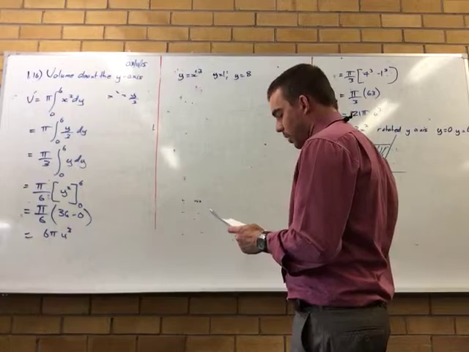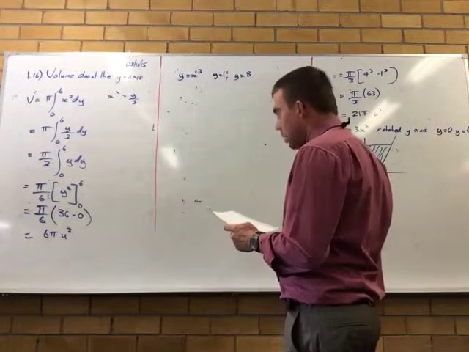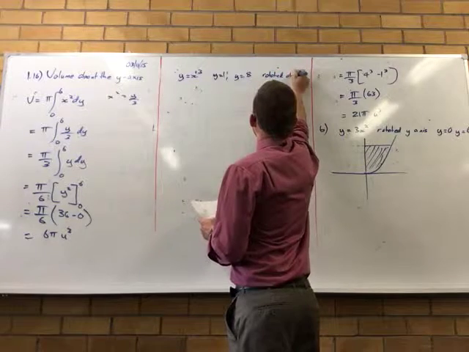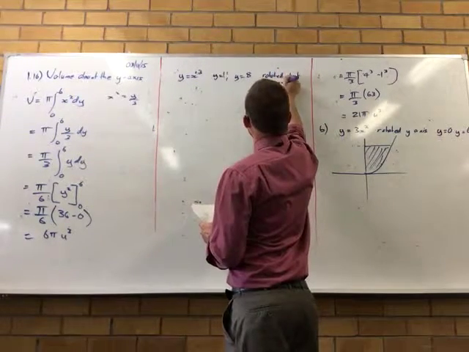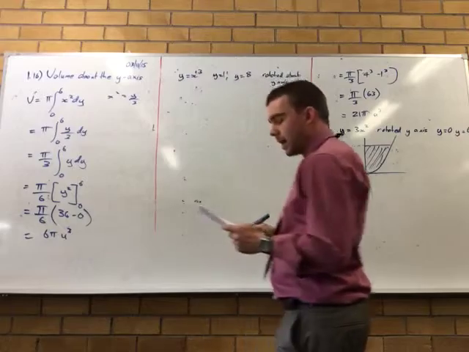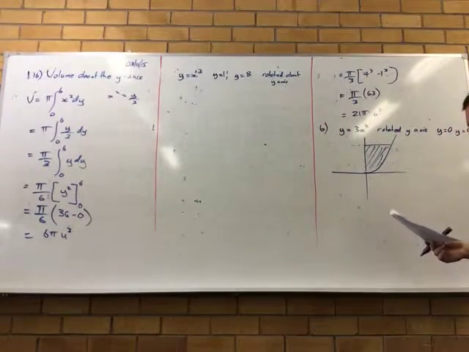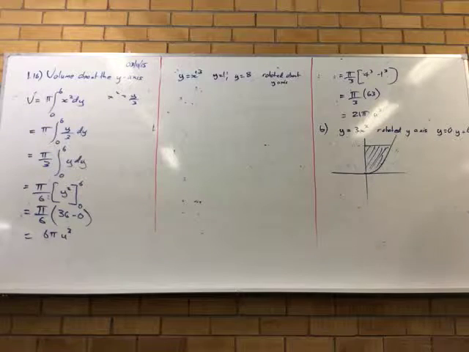Rotating the area bounded by that. We need to find the volume of the glass. What would the volume of the glass be if the unit of measurement is in centimetres?